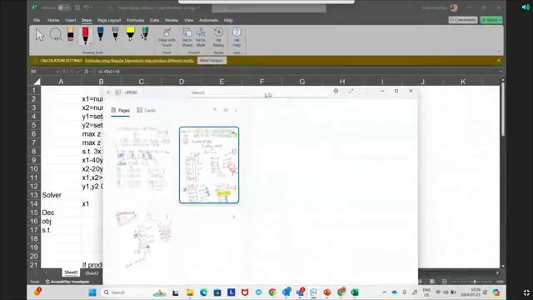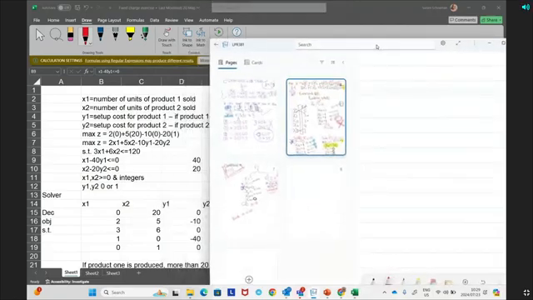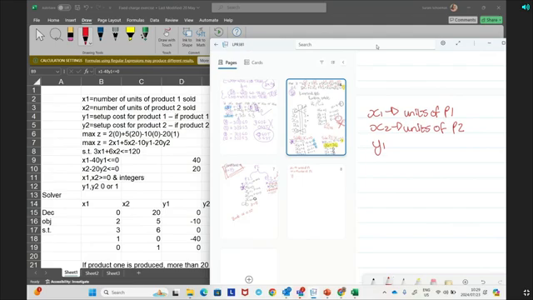Okay, so we're basically saying we're taking the same IP. So it's still the number of units of product. X1 is specifically for units of product 1, where X2 is specifically units of product 2. We now only have one Y. That's the setup cost for both in this case.